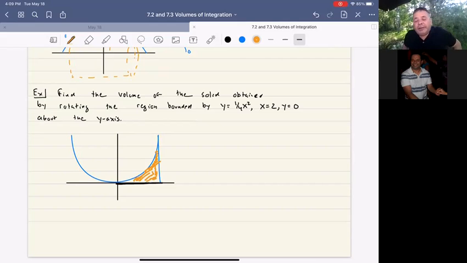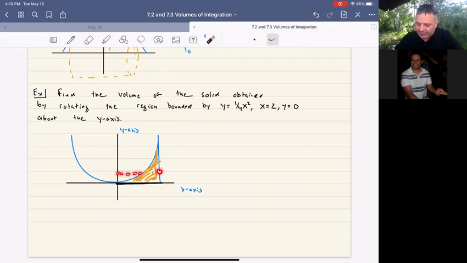Now, we're going to rotate it about the y-axis here. So that means if we want to do this with the circular disk method, this one is a little bit tricky, which is why I wanted to do it.